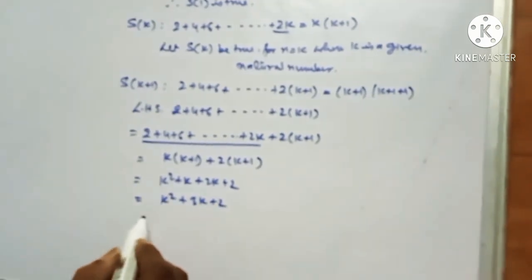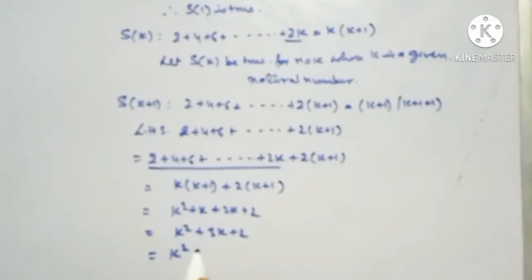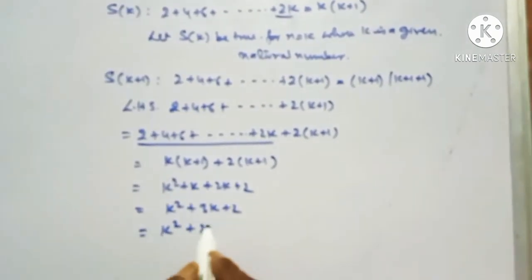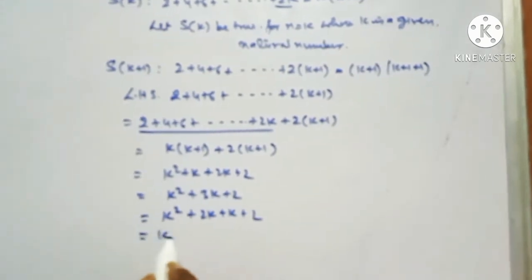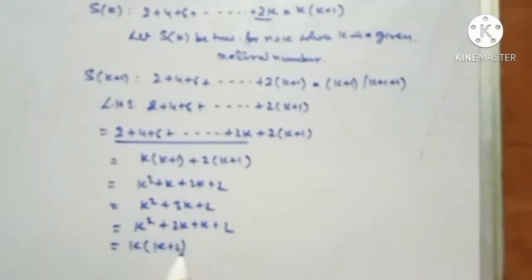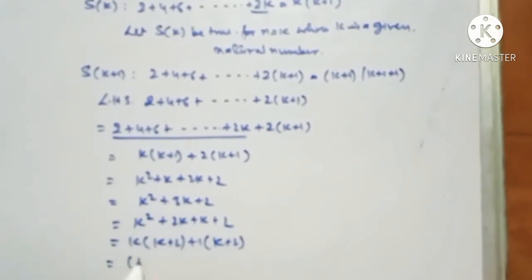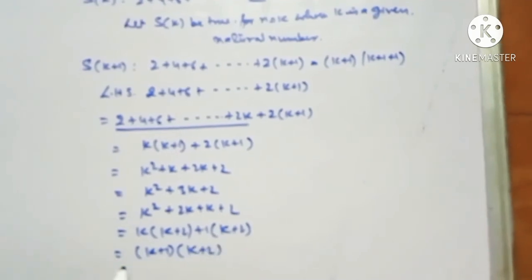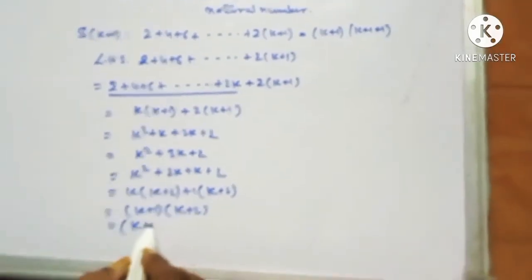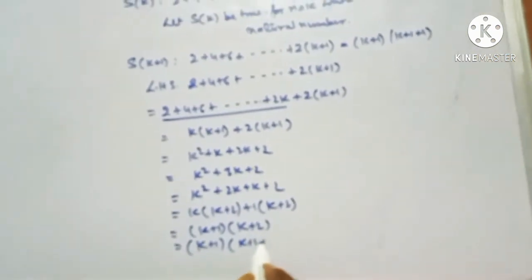So we can write, splitting the middle term, k square plus 2k plus k plus 2. This will be k common, k plus 2, again 1 common, k plus 2. So this will be k plus 1 into k plus 2. Now I can write k plus 1 into k plus 2 as k plus 1 into k plus 1 plus 1.